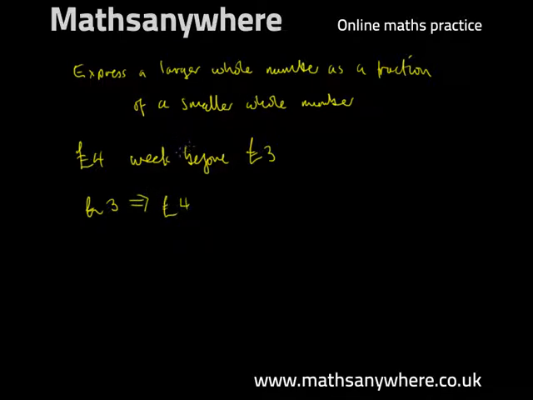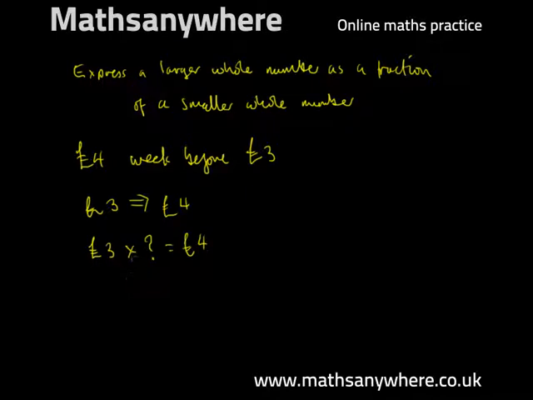The fraction we're looking for is the fraction that will act as a multiplier to give us the new price if we take that multiplier and apply it to the old price.